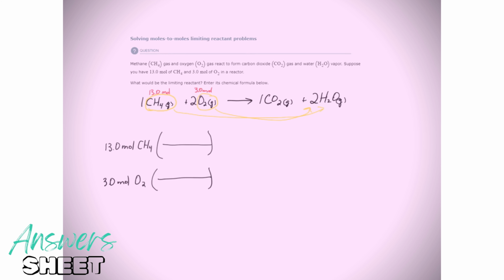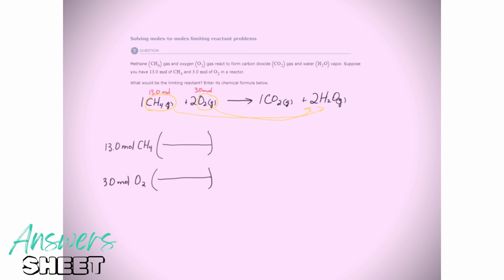Now don't get tricked. If they gave us grams to start with, we would need to convert from grams to moles first, because the only way we can go from methane to water or from oxygen to water is if we have moles to start with, because we're using the mole ratios as a conversion factor. So because we have moles to start with, we don't need to convert to moles.